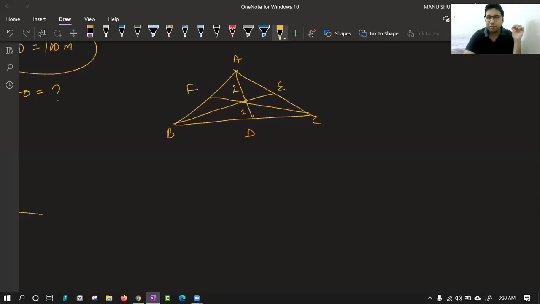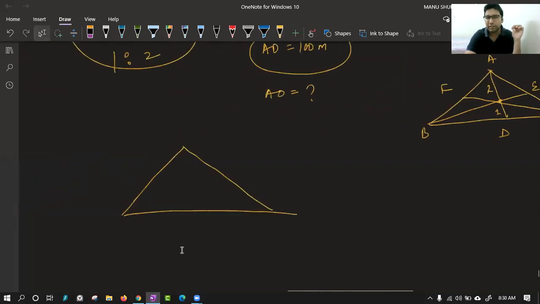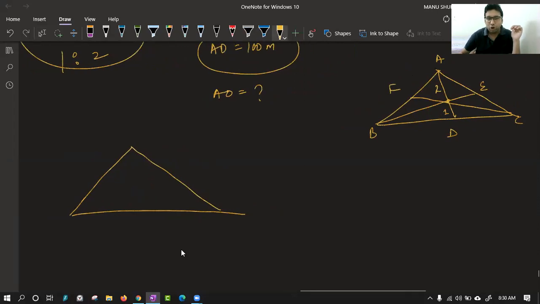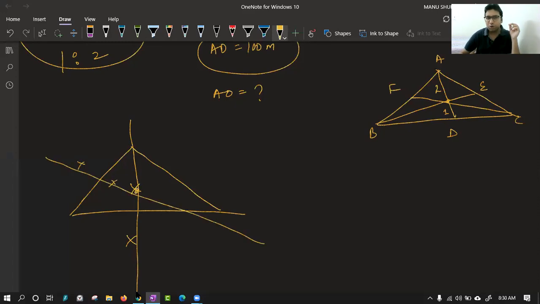Now second concept. Class, we have learned what is circumcenter. We all know circumcenter is obtained by drawing perpendicular bisector of 3 sides. If I draw perpendicular bisector of first side, of second side, I will get a circumcenter which is center of this triangle and this circle also.